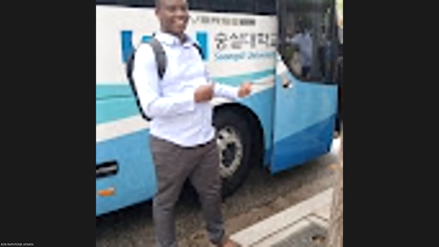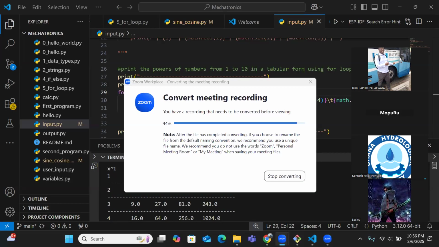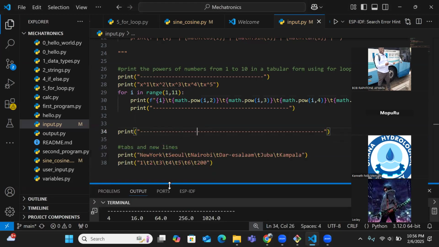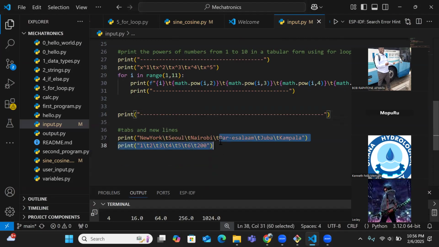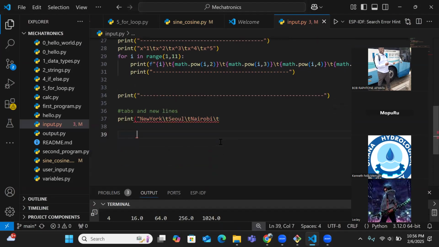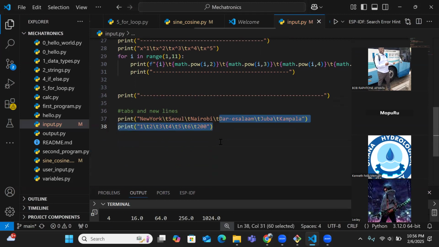Okay. So guys, then there is also, can you see my screen? VS Code? Yes. Okay, so that is \t. Then there is also \n.